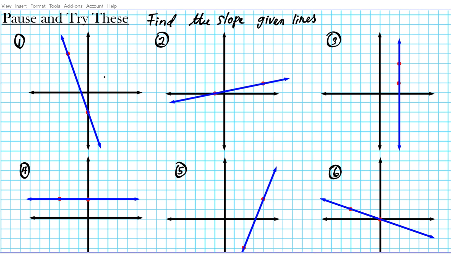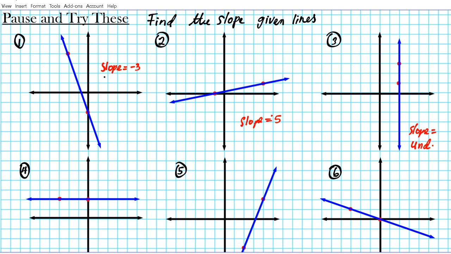Alrighty, welcome back. Hopefully you had a chance to try out these practice problems. Let's take a look at what the answers are. For number 1, the slope is -3. For number 2, the slope is 5. For number 3, the slope is undefined.